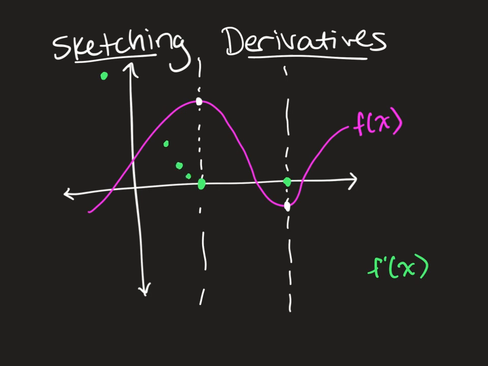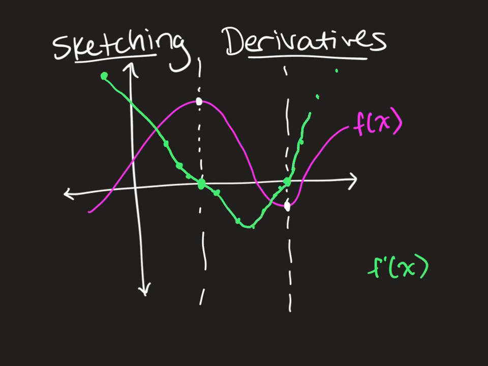Okay. In between these 2 dotted lines, I have a negative slope. And first it's not so negative, and then it gets a little bit more negative, and then it starts getting less negative because eventually it gets back up to 0. And then after this, we've got a positive slope, and it's not super positive, and then it gets really positive. Now we can just kind of connect all these dots and get an idea of what our derivative looks like.